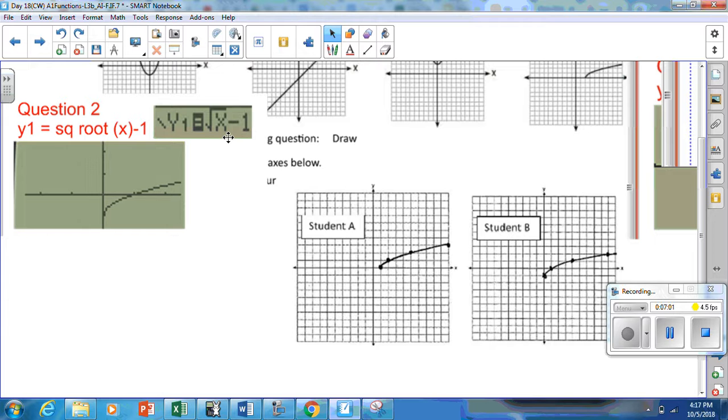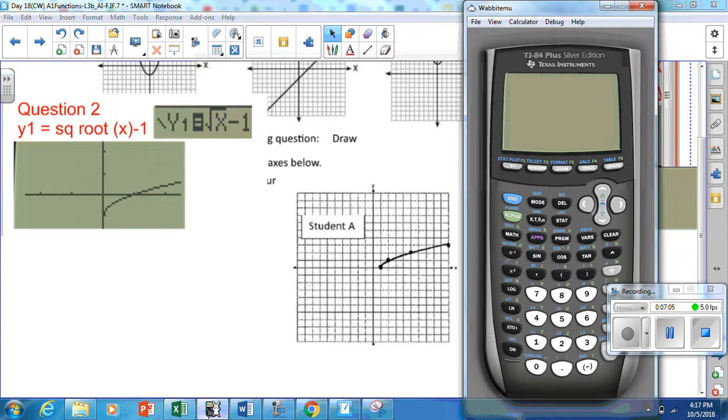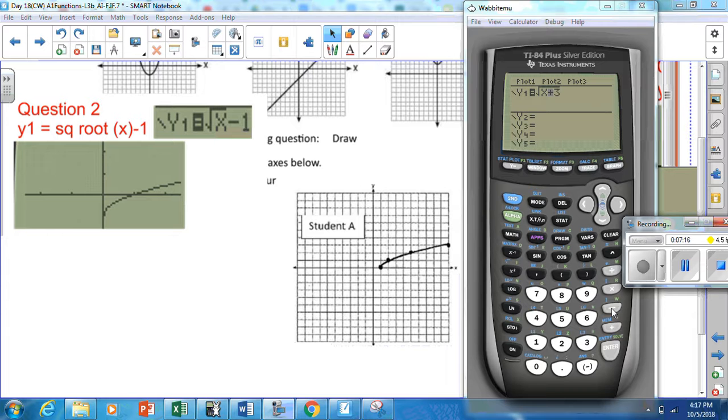What would I have to do in order to get this? Well, I'm glad you asked. Let's think about it. What if we put in x minus 1 all under the square root? What would that look like?